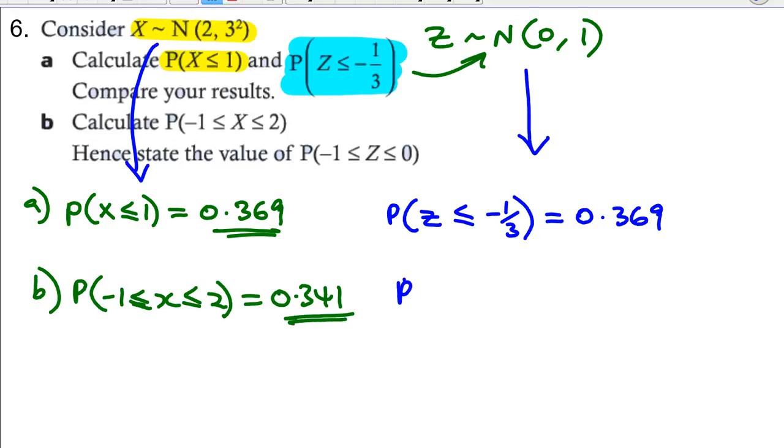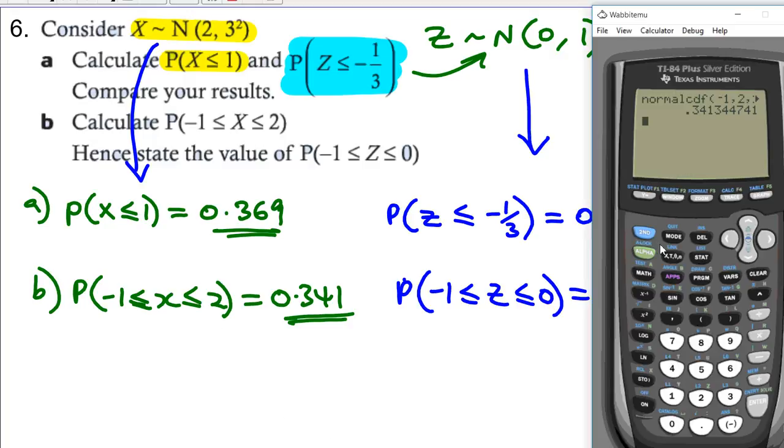And here, if you use z-scores, remember, the mean is 0, standard deviation is 1. So what are the z-scores?